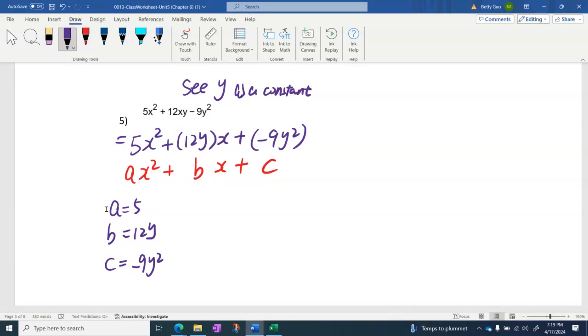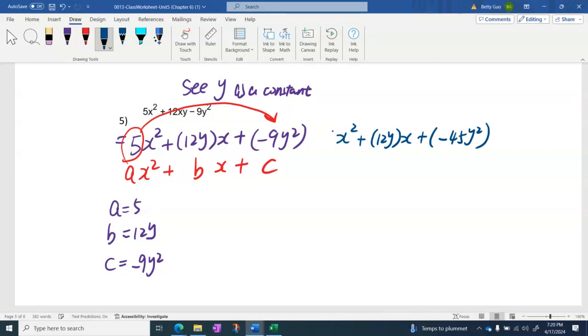All right. Since the leading coefficient 5 is not 1, we want to slide and create a new trinomial. The new trinomial would be x squared plus 12yx, and 5 times negative 9y squared is going to be negative 45y squared.